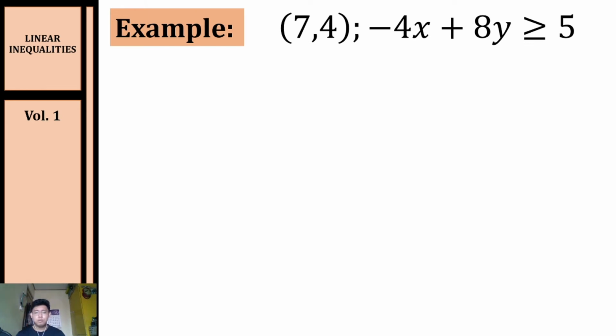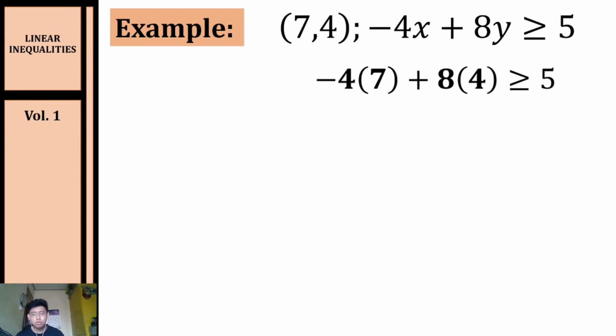Alright, okay, let's have another example. For example, we're going to test (7, 4) if it is a solution to this inequality, -4x plus 8y is greater than or equal to 5. So let's substitute the values of x and y to our inequality. We will have -4 times 7 plus 8 times 4. Is it greater than or equal to 5? Let's multiply.